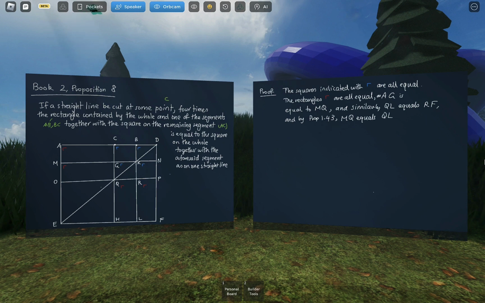Right, that's because they're, whatever the terminology was, complements of the parallelogram ML. If I look back over on this diagram here, I've got the parallelogram ML, and these two parallelograms, or rectangles, are complements, and complements are equal. So that gives us that all four of these rectangles are equal to one another, and in particular to AG.